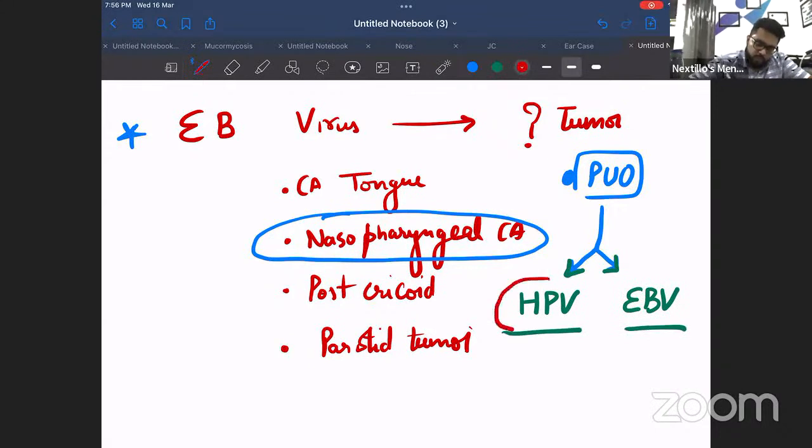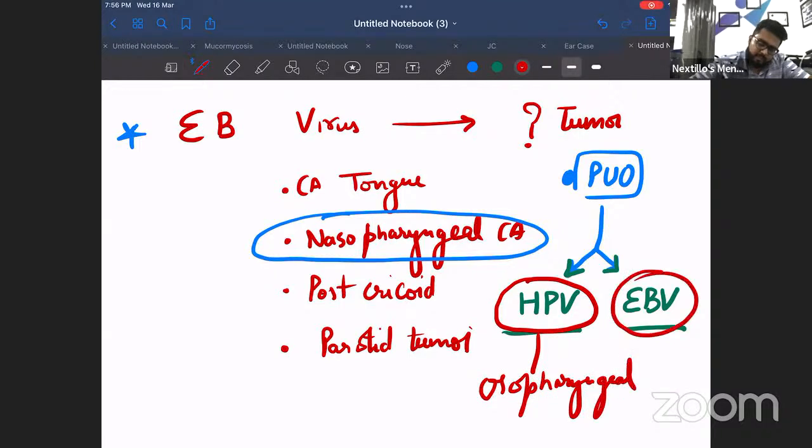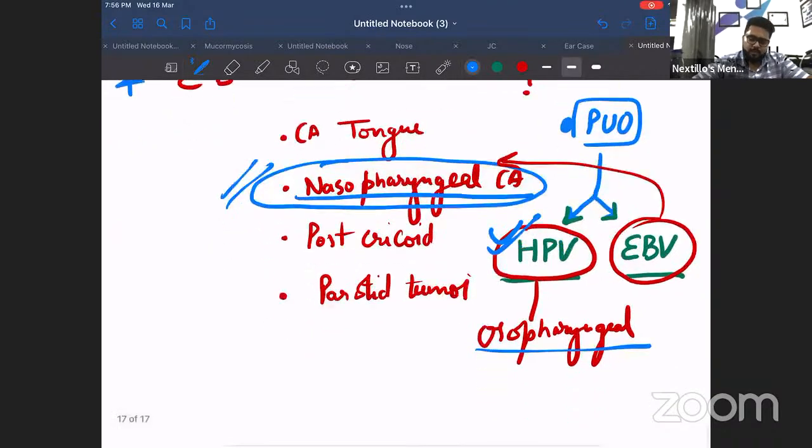If it comes positive for human papilloma virus, it is mostly involving oropharyngeal cancers. If it comes positive for Epstein Barr virus, it is mostly involving nasopharyngeal cancers. So, human papilloma virus in cases of oropharyngeal or oral cavity, Epstein Barr virus for nasopharyngeal cancers or nasal cavity.